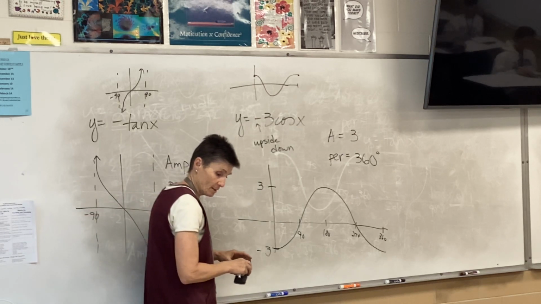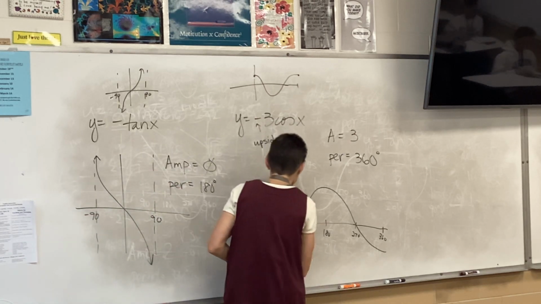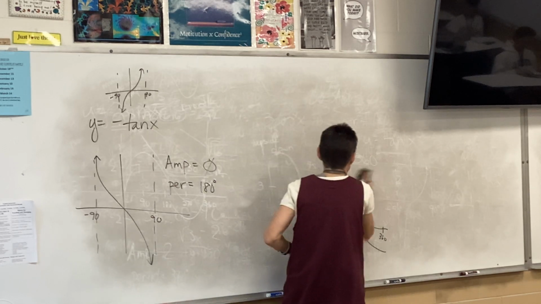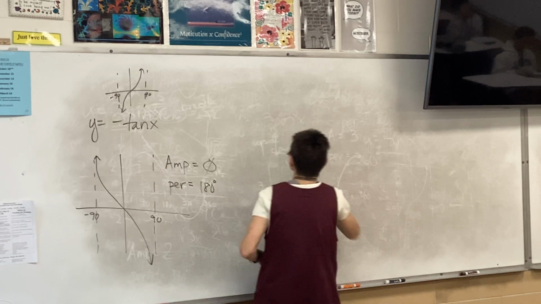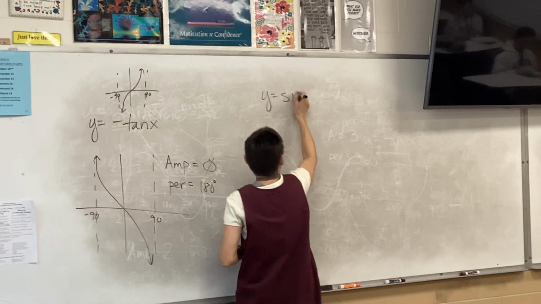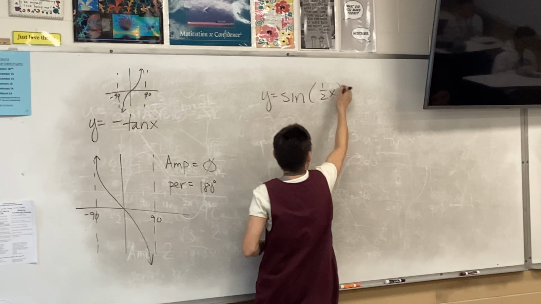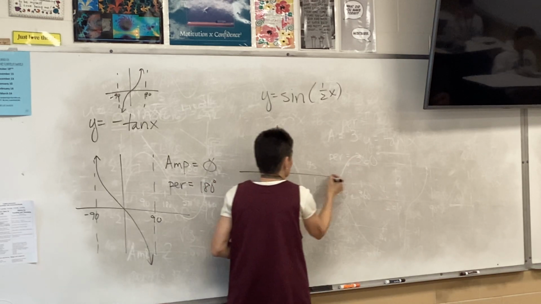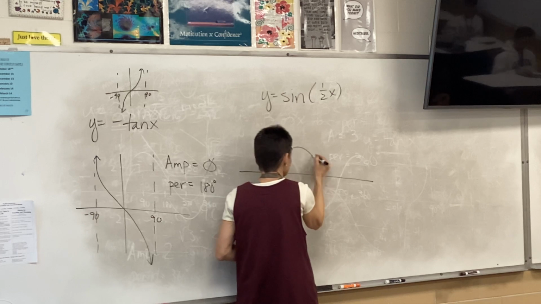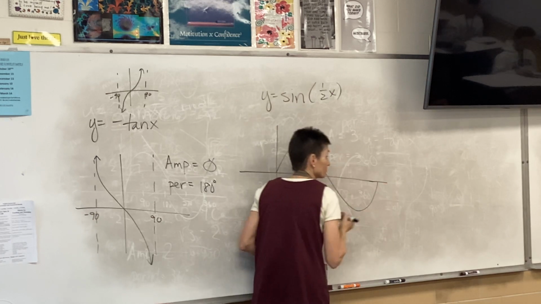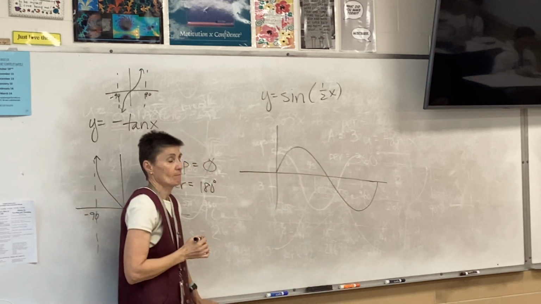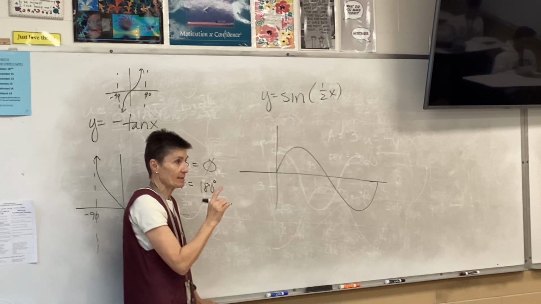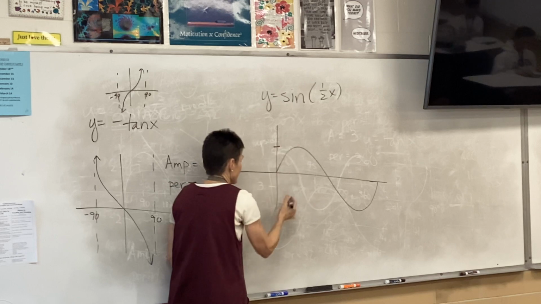Uh-oh. Sine 1/2 x. Now, this is my sine curve. You gotta make it smaller. Have I done anything to change these labels?